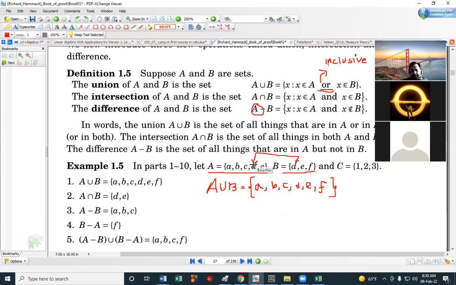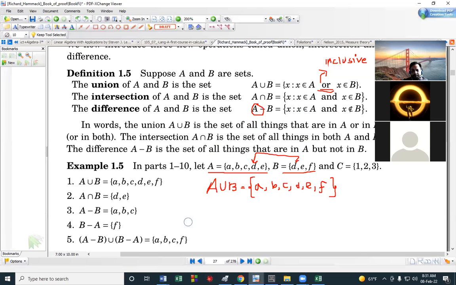If there are any repetitions, you don't repeat them, because in a set, if you write D twice, it will not make a different set. A repetition of the same element in a set doesn't count. So this is A union B.